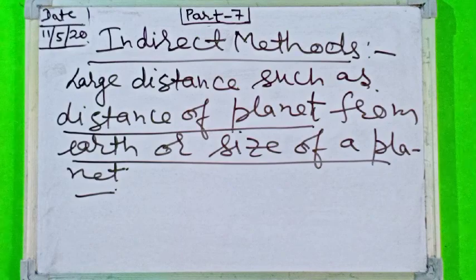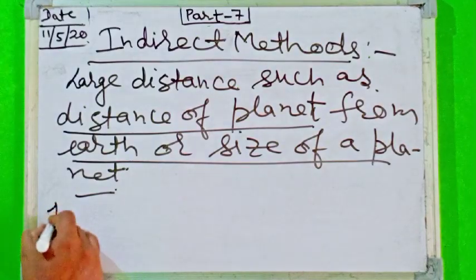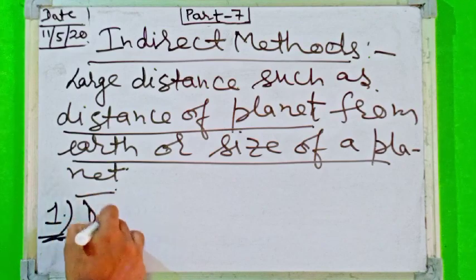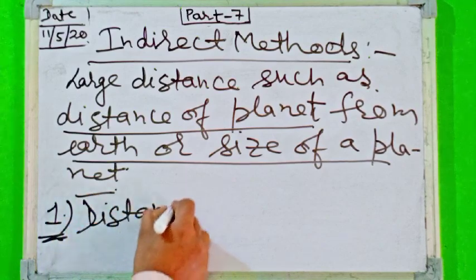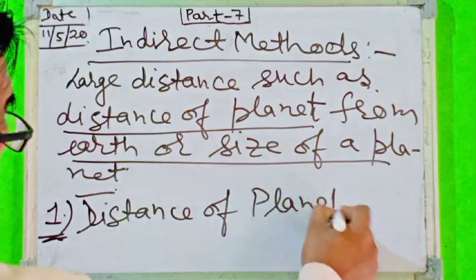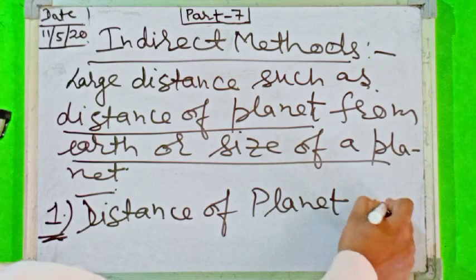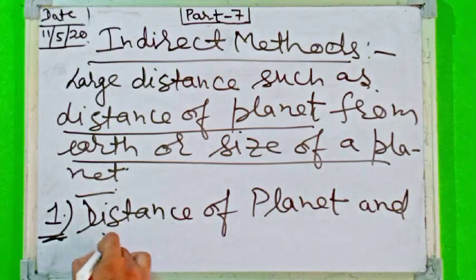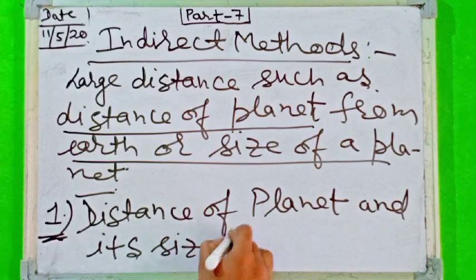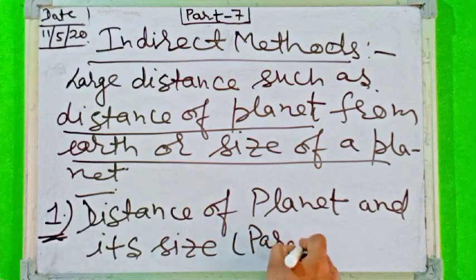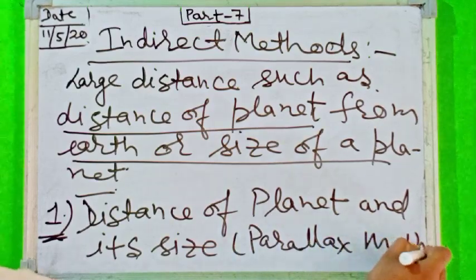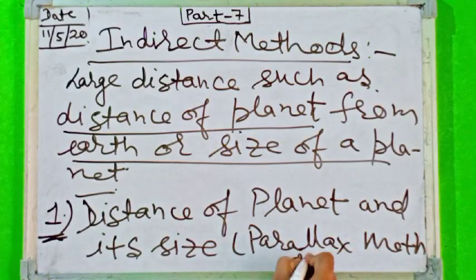So first note it down. Distance of a planet and its size, that is measured by the parallax method.